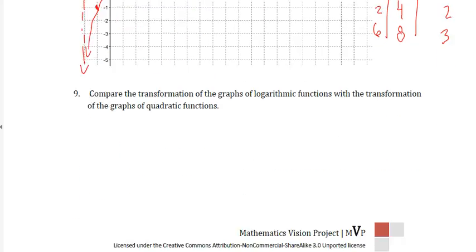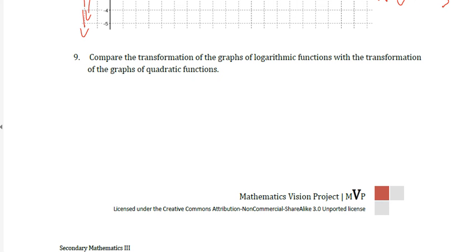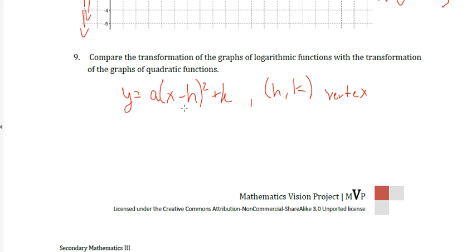Now it's asking us to compare the transformation of the graphs of logarithmic functions with the transformation of the graphs of quadratic functions. If you remember way back in quadratics, you had this vertex form, where h and k is the vertex. You remember that if you change these numbers, it moved the graph up and down.